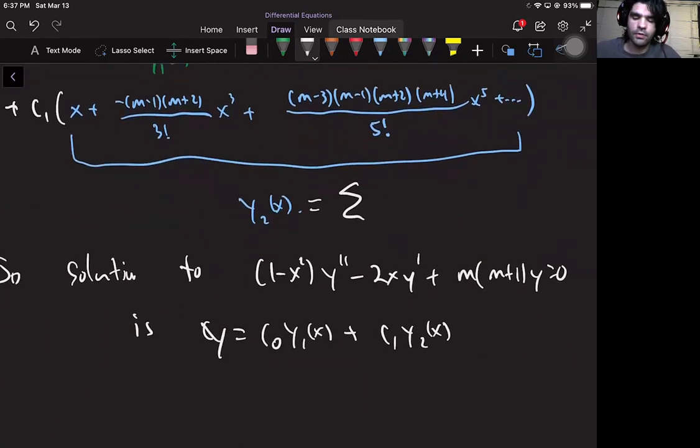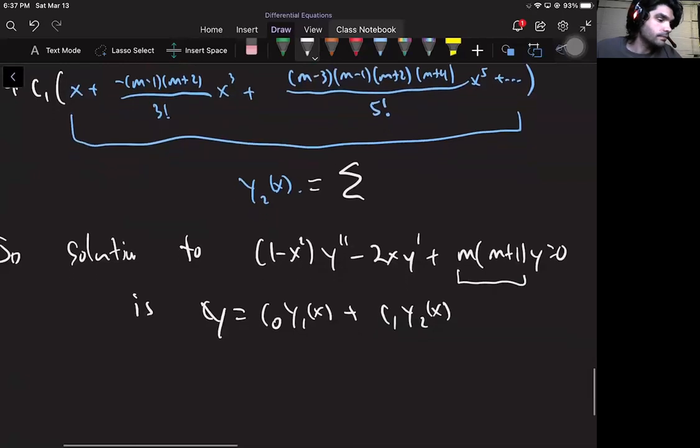Because instead what I want to do is think about what happens now for specific values of m. So that's the next thing to check out.